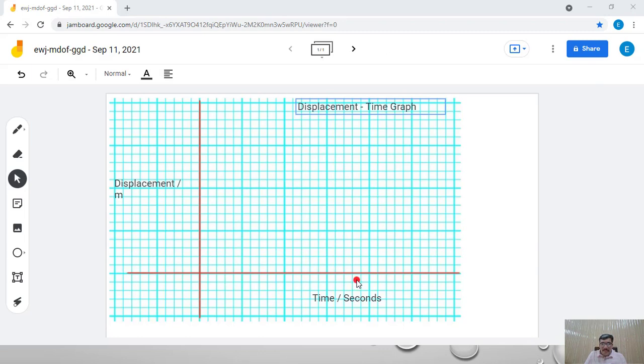I am going to first set the scale. So how many big boxes do I have? From this point, origin, till this, I have one big box. This is second, third, fourth, fifth, and sixth. So I can plot 6 seconds if I set the scale in such a way that one big box on horizontal axis is equal to 1 second.